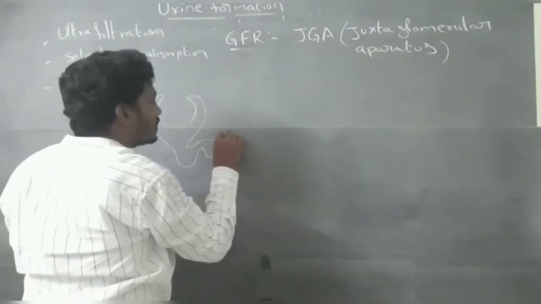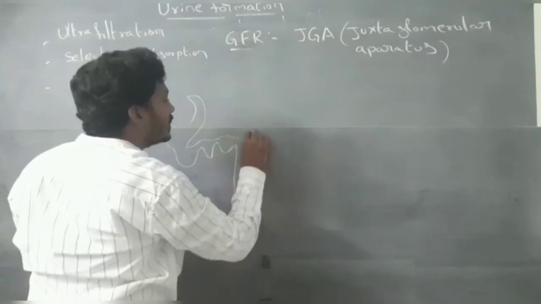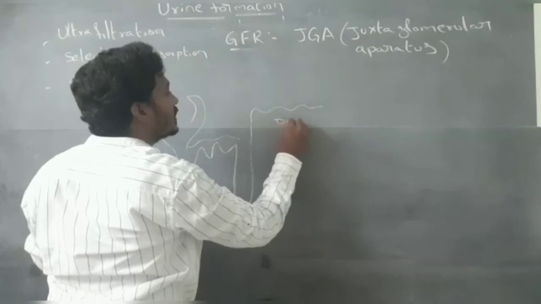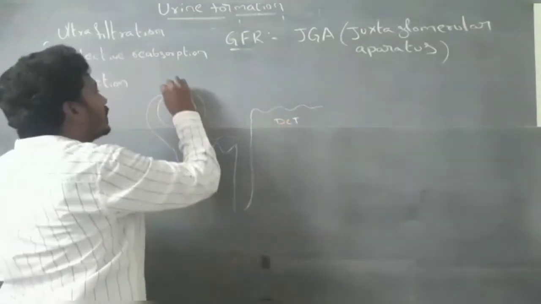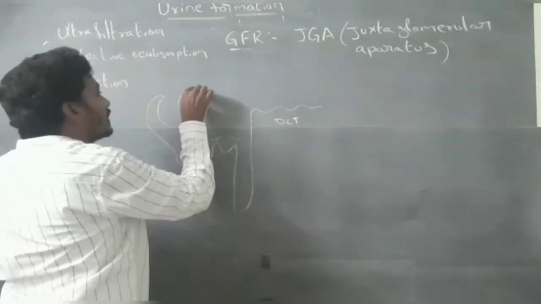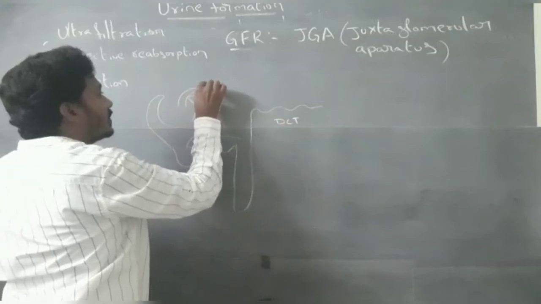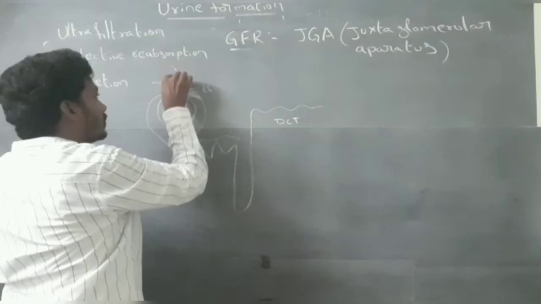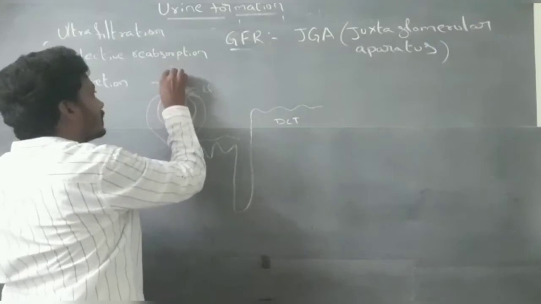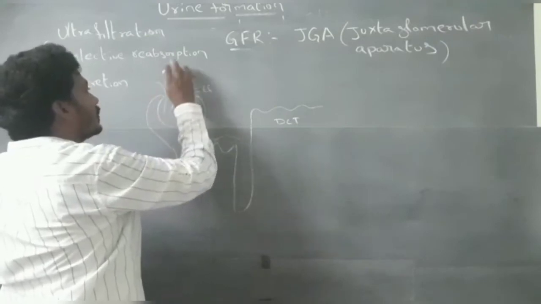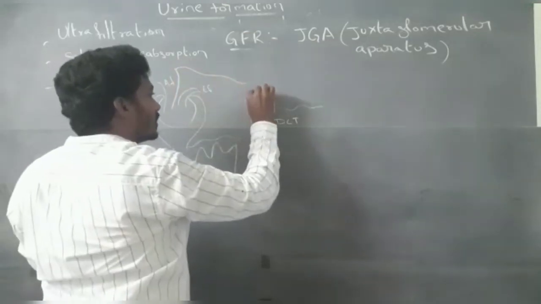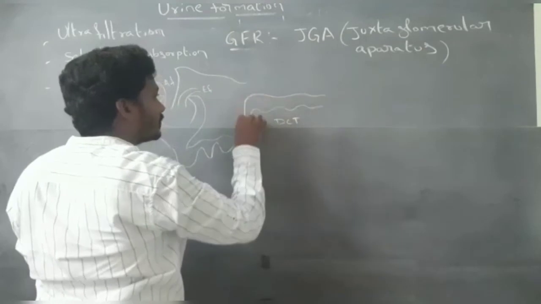The juxtaglomerular apparatus is formed as follows. This is the PCT, loop of Henle. This is the DCT. This is the efferent arteriole. This is the afferent arteriole, where blood flows in this direction.